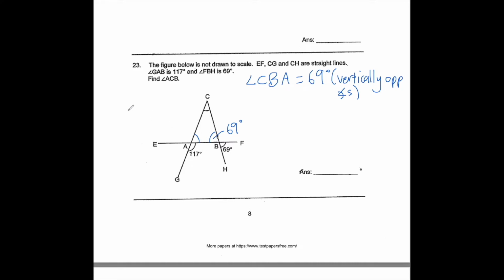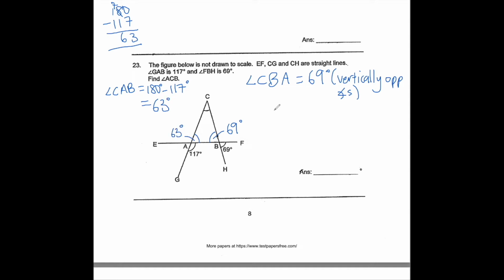So in order to find angle CAB, we can just take 180 minus 117 degrees, let's do the working on top, okay? We're going to get 63 degrees. So this is 63 degrees.